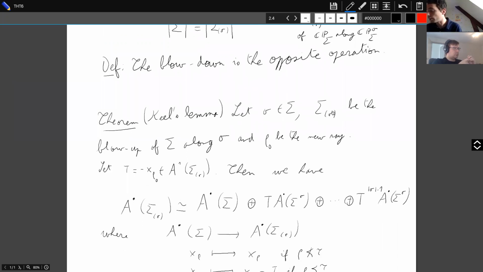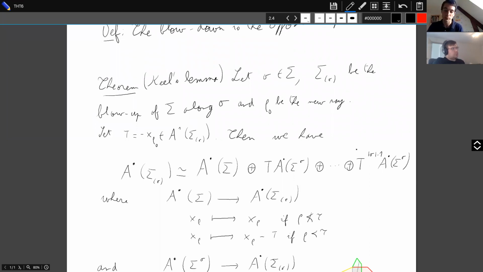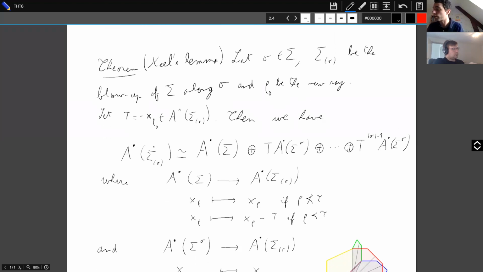So if I do a blow up along sigma, I have a new array, rho 0, and I define T to be the minus the corresponding element in the churning. And in this case, we have this decomposition where you can see the star fan, which appears here.